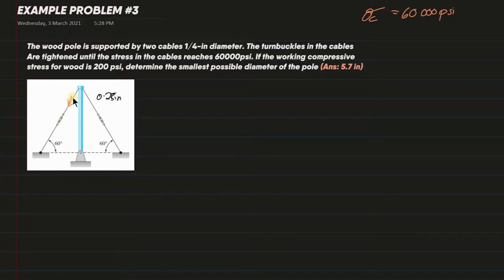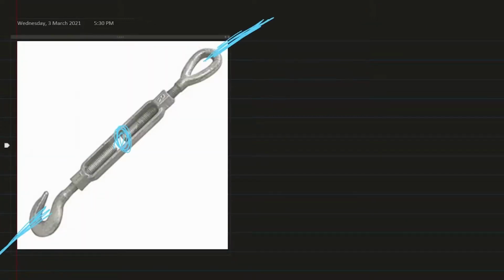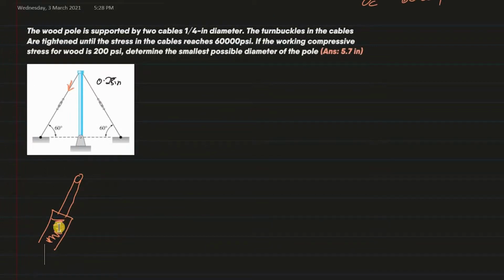Kasi kung titignan natin yung cross-section ng buckle na to, ito yung turnbuckle, yung pinakita ko kanina. Ito, mabibinat para matighten, di ba? So, ibig sabihin, merong perpendicular force na nag-a-act dito. P, di ba? Ito yung hahanapin natin.